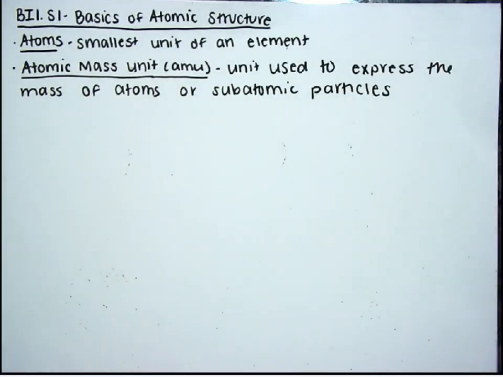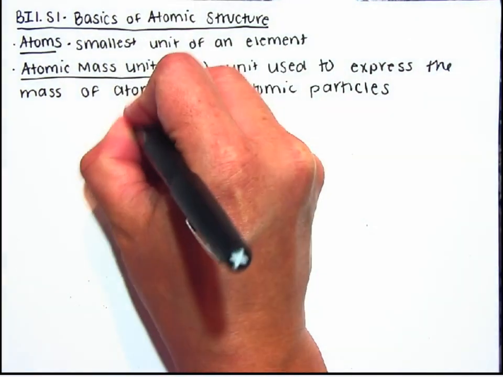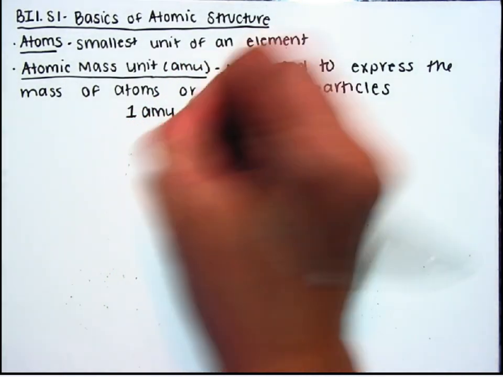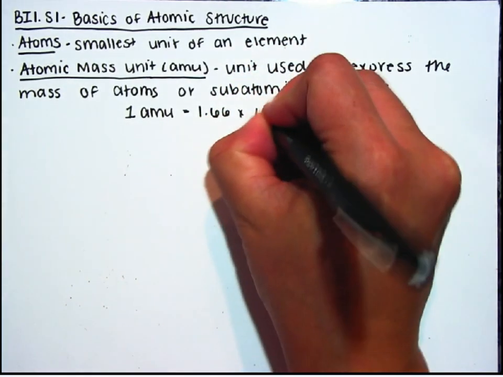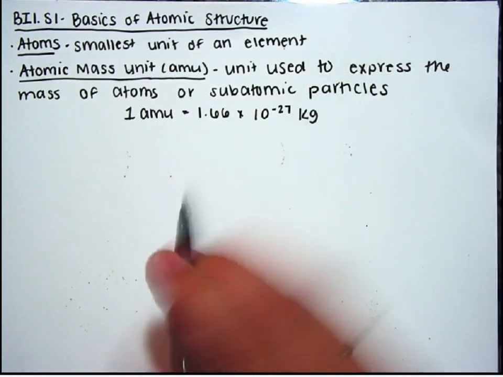So if you're measuring something, we might say it is 10 pounds, or maybe it's 5 grams. So why wouldn't we use pounds or grams to represent the mass of an atom? Well, the reason is because one atomic mass unit is equal to 1.66 times 10 to the negative 27th kilogram.